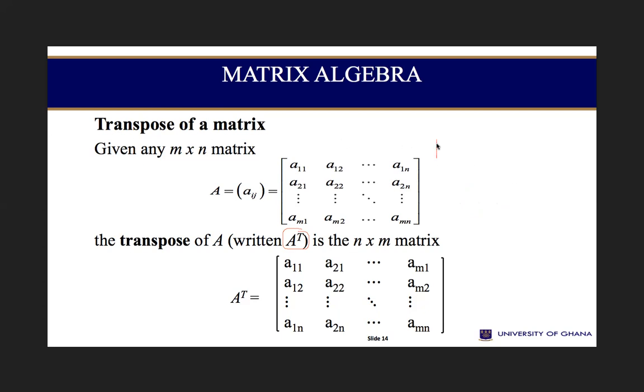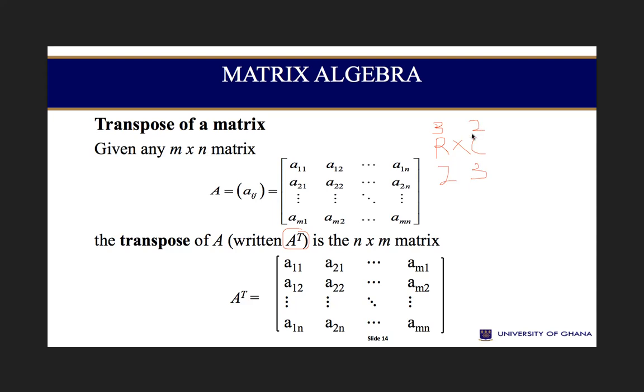So we know normally it is row times column. All right. Let's say row is 3, then column 2. When transposing a matrix, it will now turn into 2, 3.